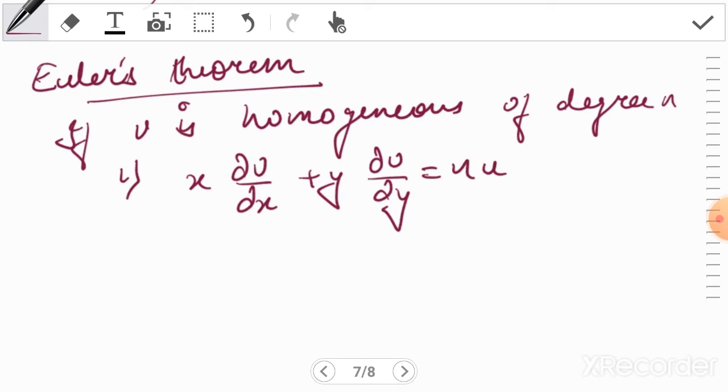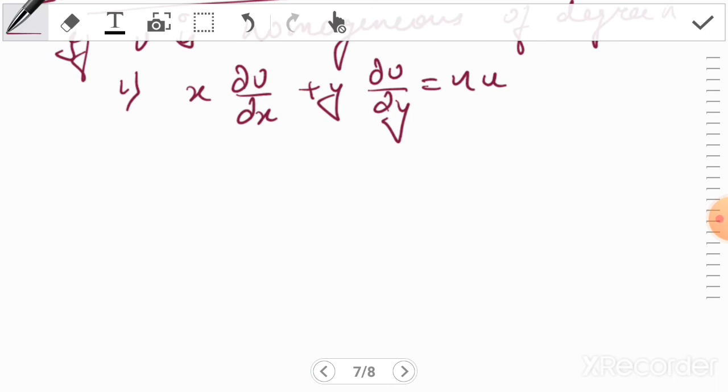Right? And this can be extended to a homogeneous function of any number of variables.